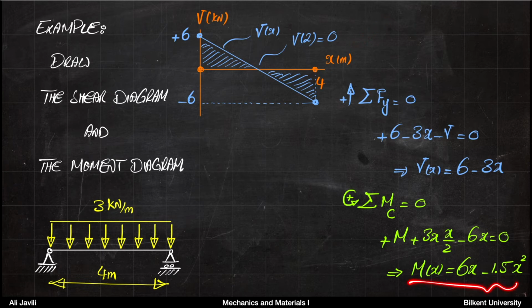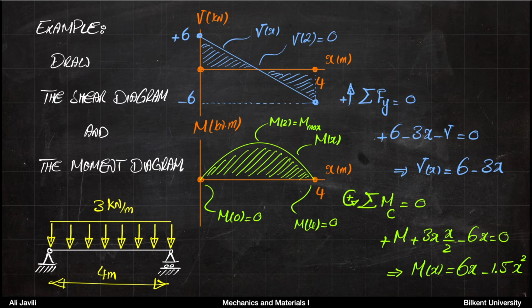But also we have the equation for moment, so we can also draw the moment diagram. The moment diagram would be a polynomial of order 2, so it's a quadratic function. Now if you set x equals 0 here, you can clearly see moment is 0. If you set x equals 4 here, you can also see the moment would be 0.